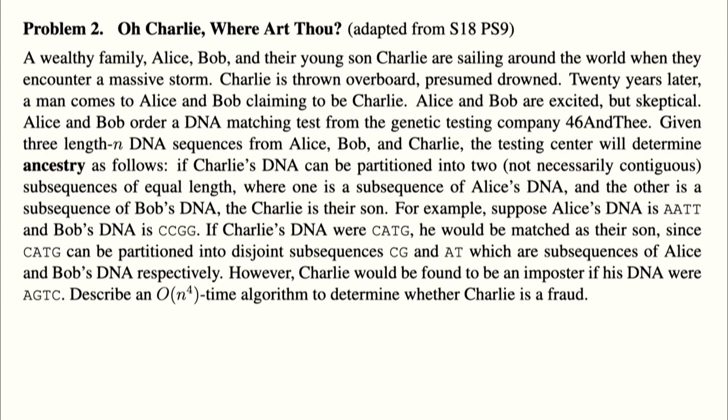Okay, so that's a little hard to parse, so let's look at an example. Alice's DNA is AATT, Bob's DNA is CCGG. If Charlie's DNA were CATG, they'd be matched, because CG is a subsequence of Charlie's DNA and is a subsequence of Bob's DNA, and AT is a subsequence of Charlie's DNA and is also a subsequence of Alice's DNA.